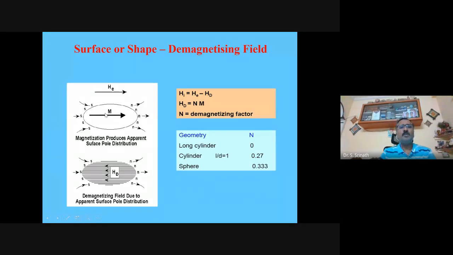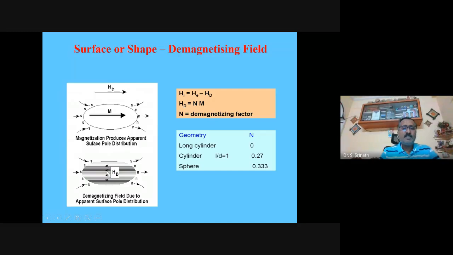But because of these induced poles, you have field lines which are opposite to the externally applied or internal magnetic field present in the system. If I call this the effective field, it is nothing but the external field minus this field, because the spin system sees an algebraic sum, taking sign into account. This is the field seen by the spin system.